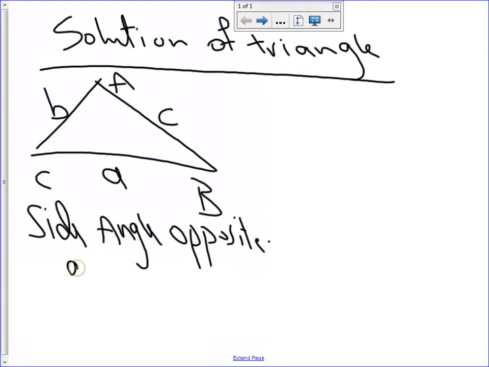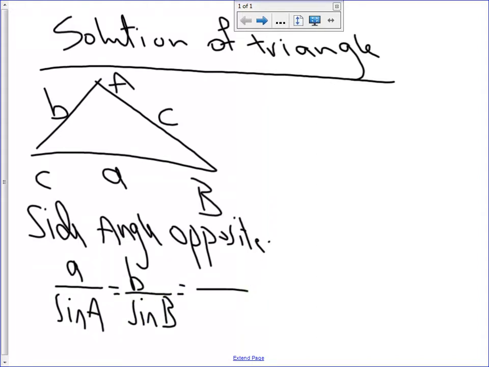If I have A small over sine of angle A capital equal B small over sine of angle B capital equal C small over sine of angle C capital.